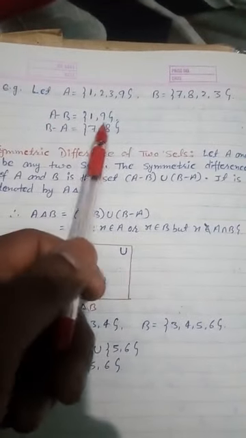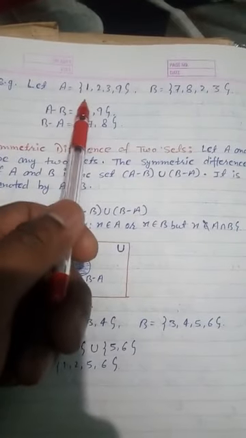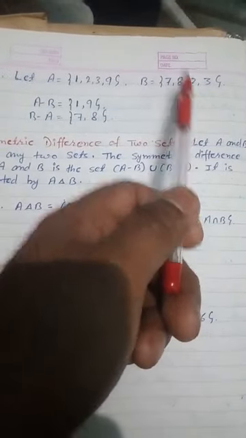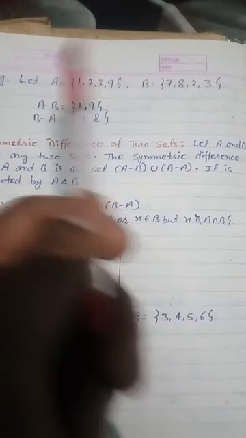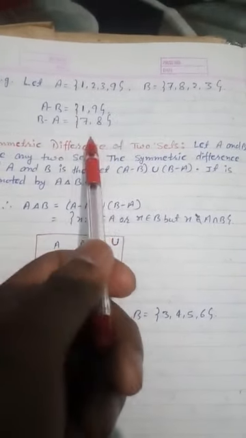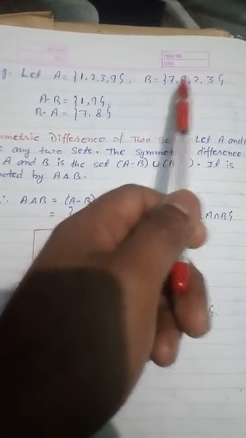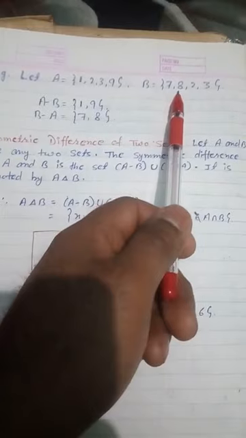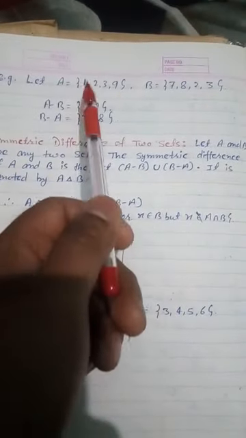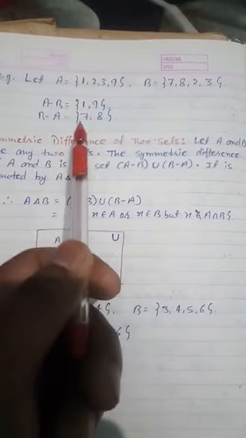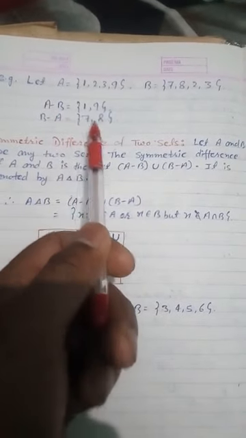Then A minus B equals {1, 9}, since 1 and 9 belong to A but not to B. For B minus A, the elements which belong to B: here 7 and 8 belong to B but do not belong to A, so we write B minus A as {7, 8}.